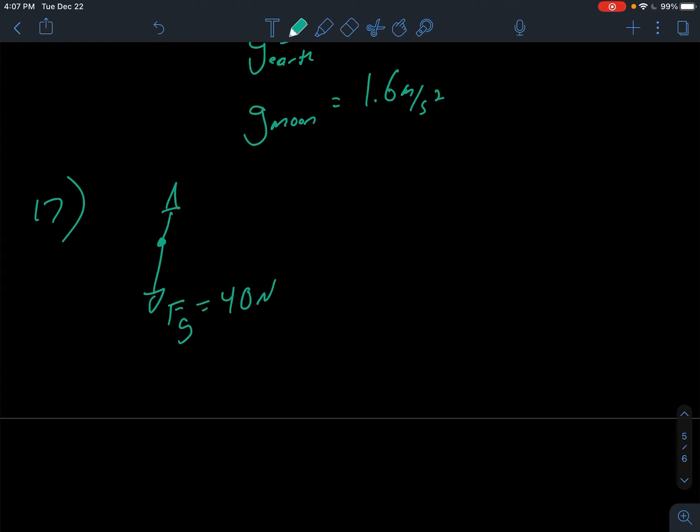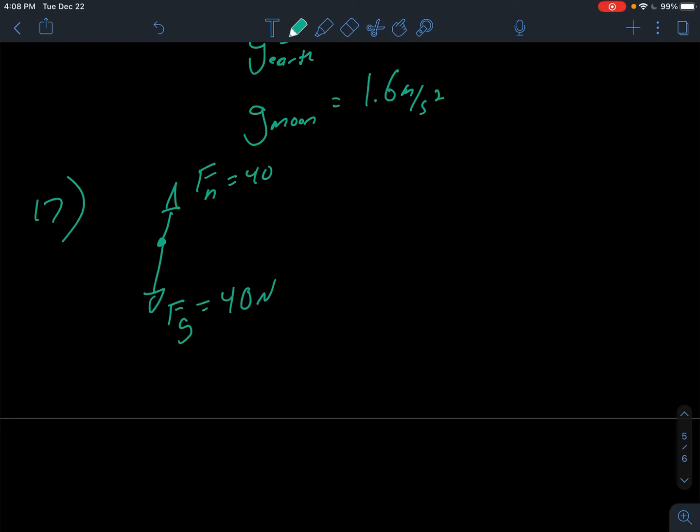It says Mary exerts an upward force of 40 newtons to hold a bag of groceries. So she's just holding it, not moving it. So Newton's third law, Earth pulls the bag down, Mary pulls the bag up with the same amount. So part A, 40 newtons.